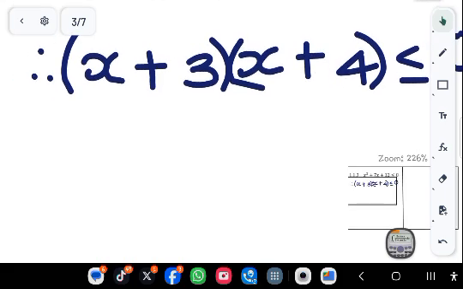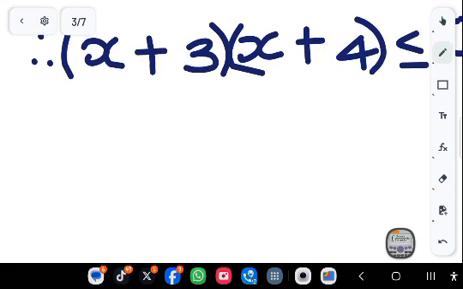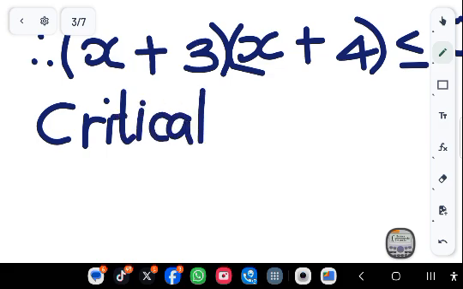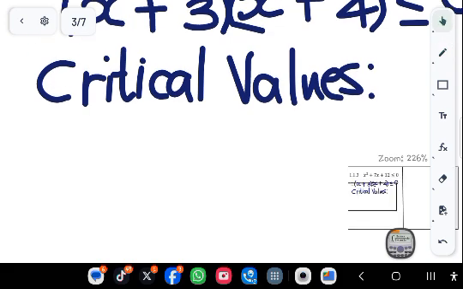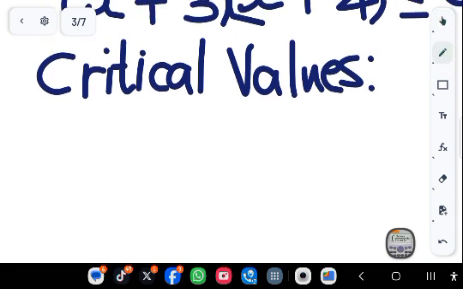Now, therefore, your critical values. This is not an equation, it's an inequality, so you don't go x plus 3 equals 0. But when you're looking for critical values, that's what you do.